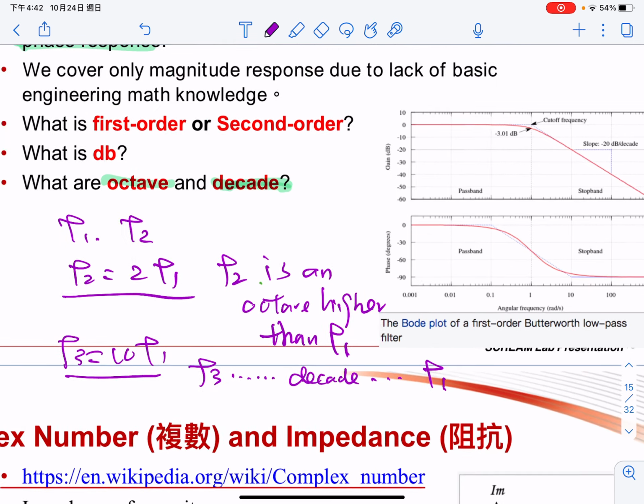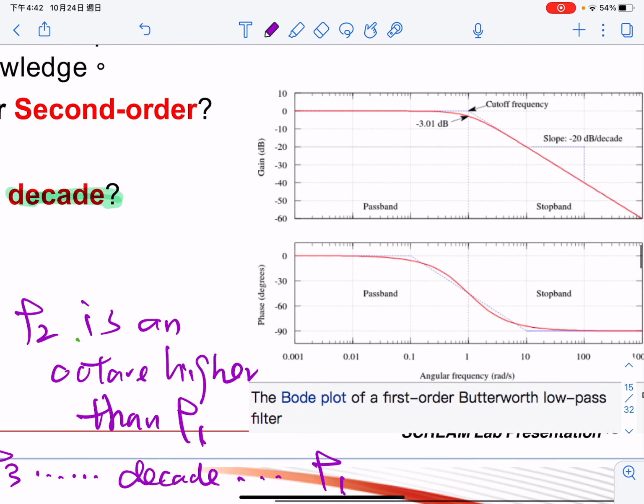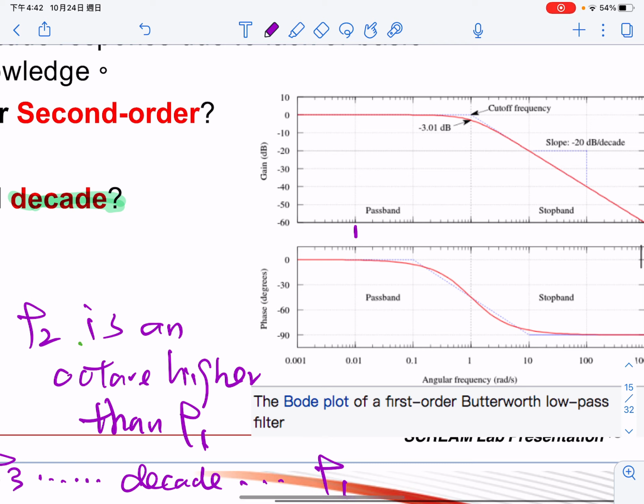And by showing in this graph, if this one is 10 hertz, then because we take log 10, here will be 100 hertz, and here will be 1000 hertz.